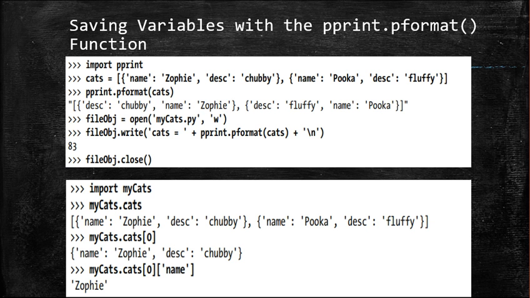Pretty print means printing in a nicer appearance. That is what we spoke about in the chapters on lists and dictionaries. Here we'll speak about the pprint pformat function. This will return the same text as a string instead of printing it. So it is going to return the string.